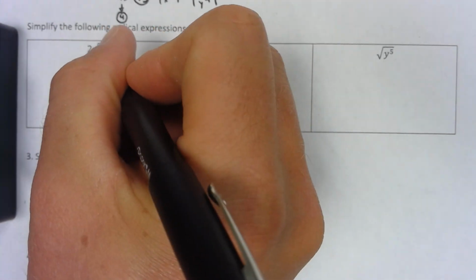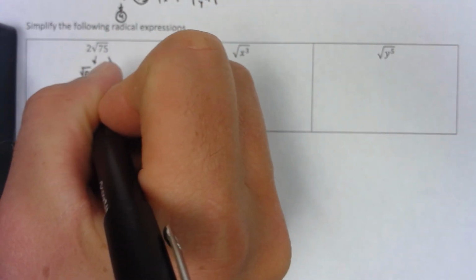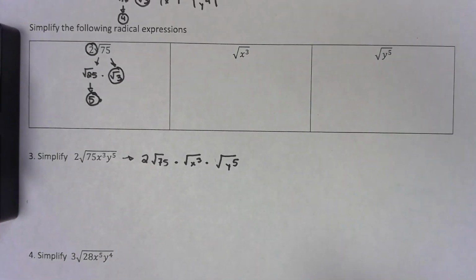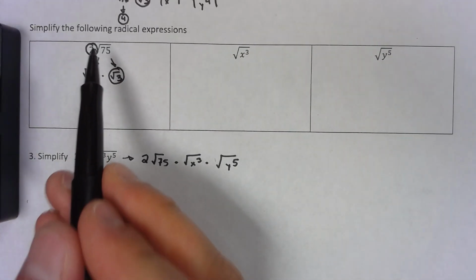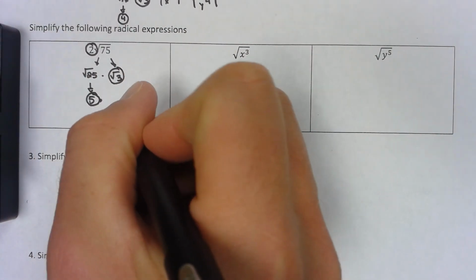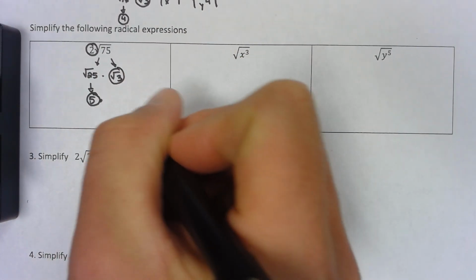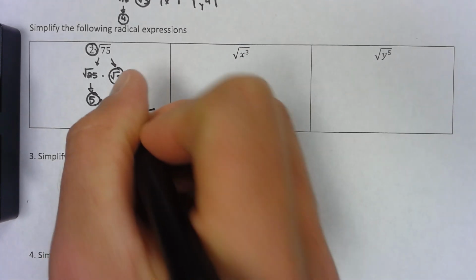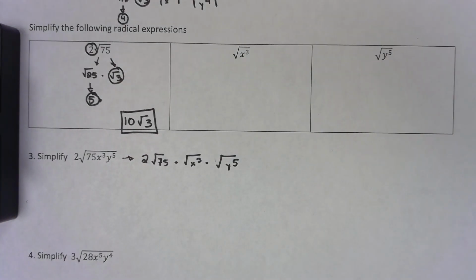Root 3 is a dead end, so there's nothing more for me to do there. I also have this 2. So 2 times root 75 is 2 times 5 times root 3, making it 10 root 3. Okay, so we multiply all the dead ends after we've simplified it, including that coefficient in front.